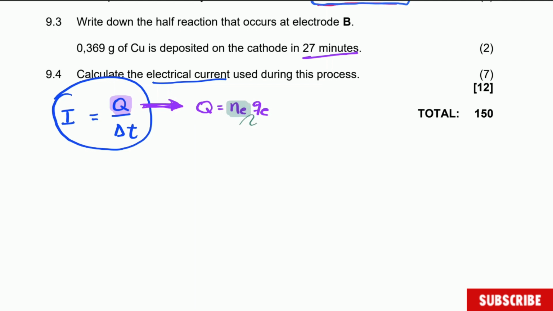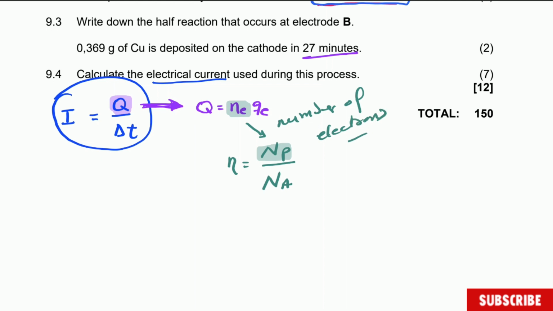But we still don't know the number of electrons, so we're moving on, because we have a lot of unknowns. How do we get the number of electrons? Well, you need to know that the number of moles is equal to the number of particles divided by Avogadro's number. This is also done in grade 10. This here is the number of electrons.